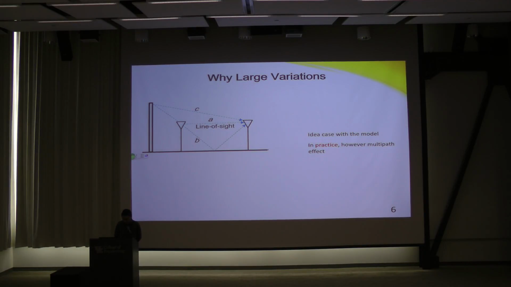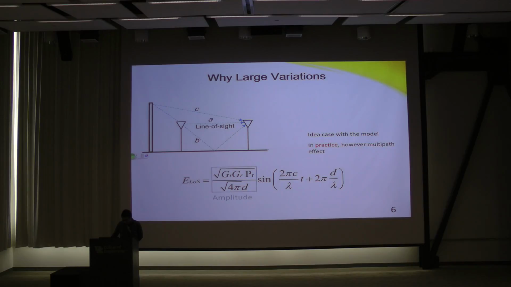They are reflection paths, and these paths combine constructively or destructively with each other at the receiver. So the RSS at the receiver varies and is not constant because of the multipath effect.